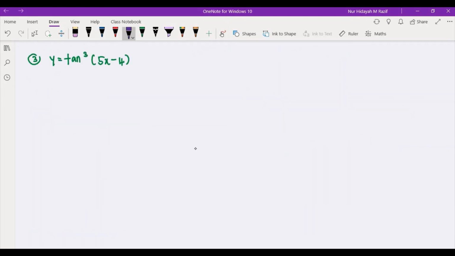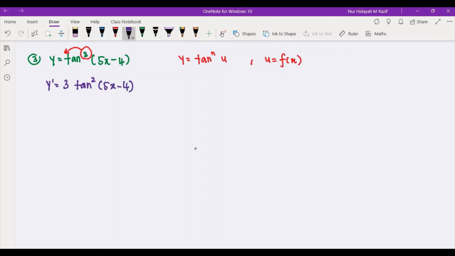As for the last example, in this case, we are going to use the one in the form of y is equal to tangent to the power of n of u, where u is a function of x. So here, once you differentiate, you are going to get y prime is equal to, we use the power rule, taking 3 to the front, and that gives me 3 times tangent square of 5x minus 4.